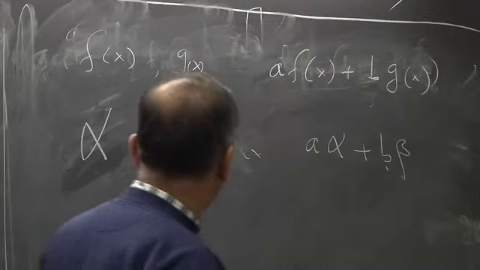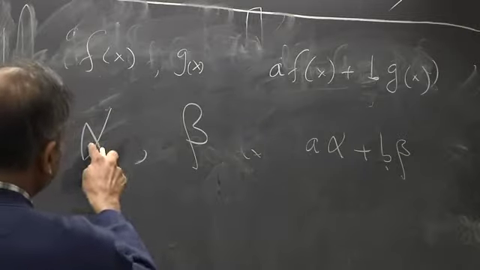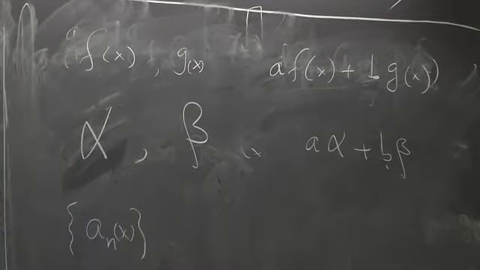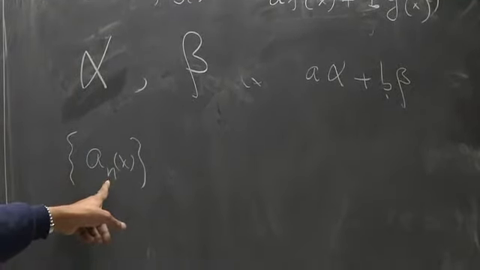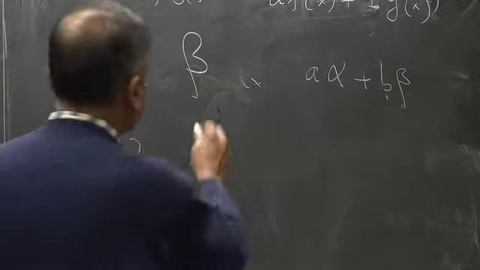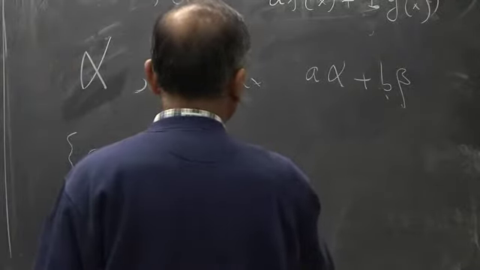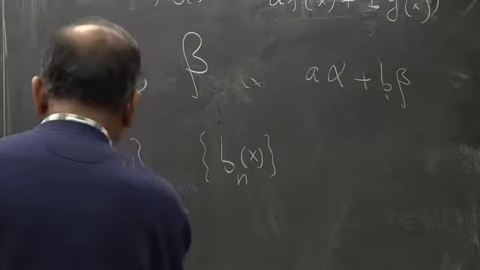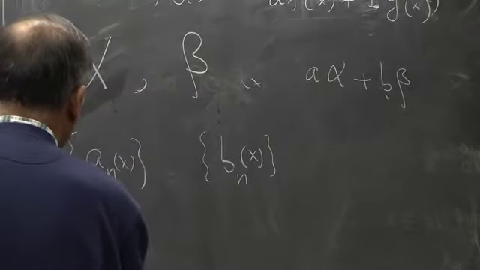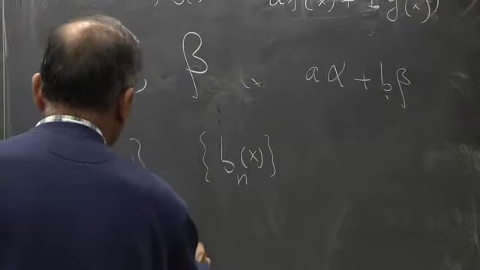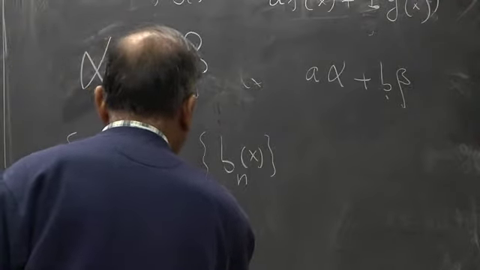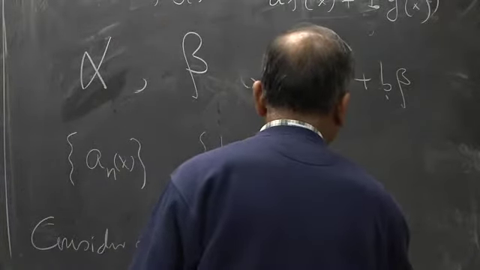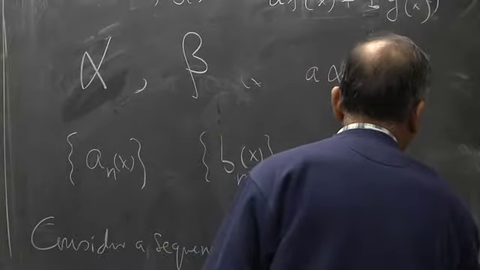Well, it's very straightforward, because if it's a generalized function, I can represent it in terms of some sequence of good functions, say a n x. Similarly, beta will be represented by some sequence of good functions, say b n x. Then consider a sequence of good functions, a times a n x plus b times b n x.